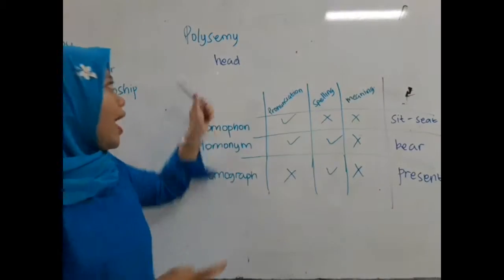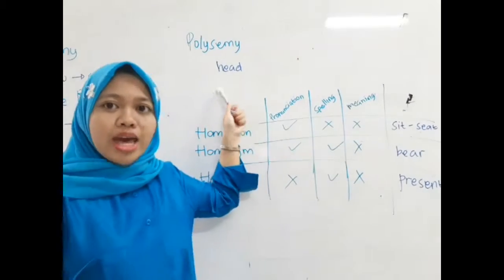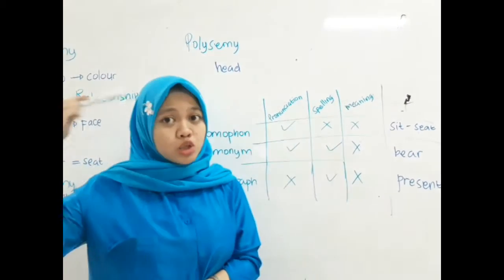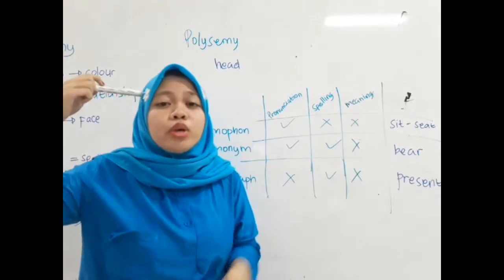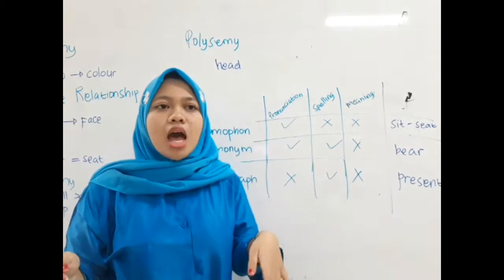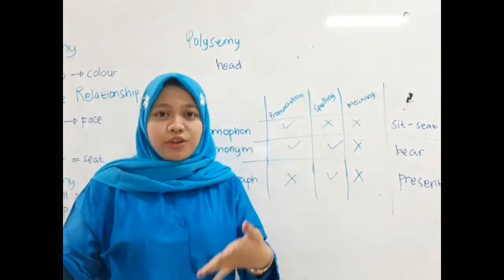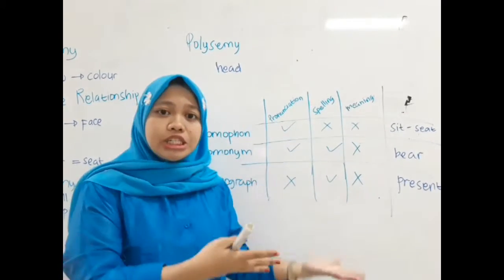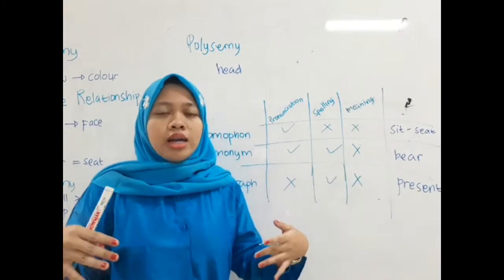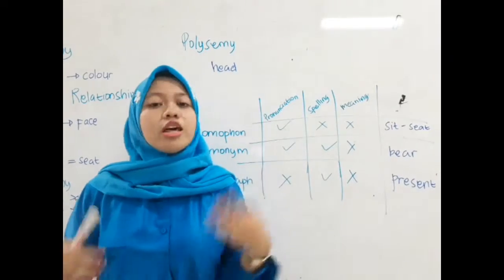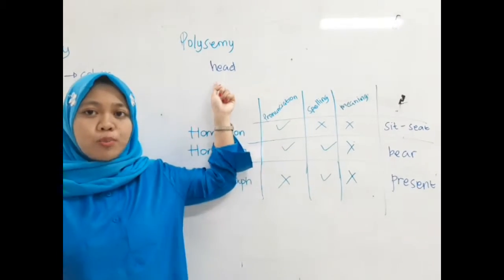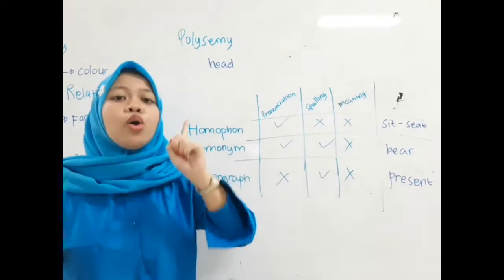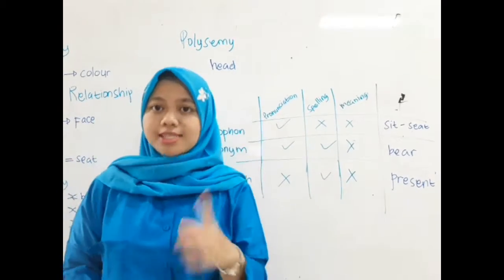For example, head. We know that head is part of body. This is head. But we also know that head means a chief of an organization, a chief of an institution, and so on and so forth. That's why head belongs to polysemy. That is one word which has multiple meanings.